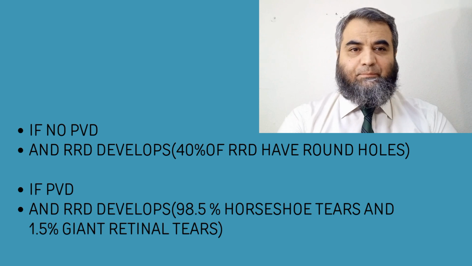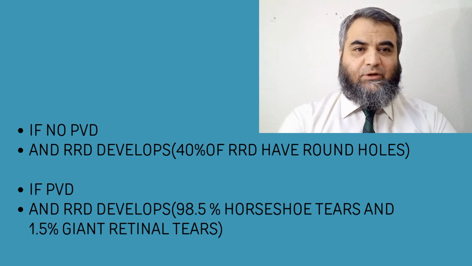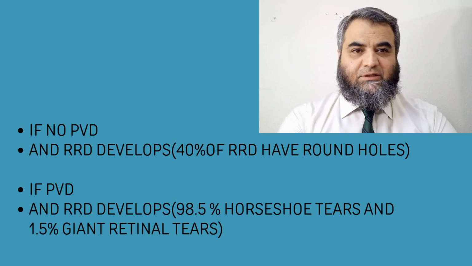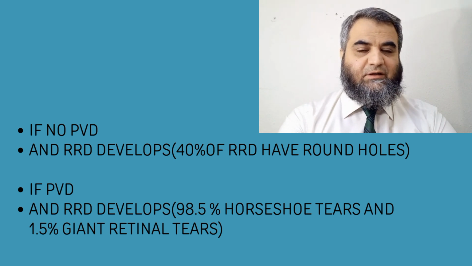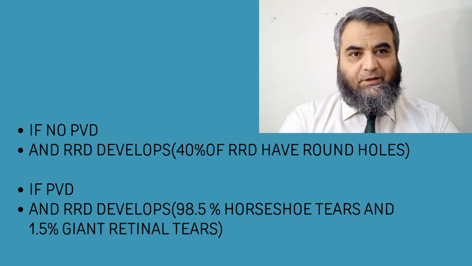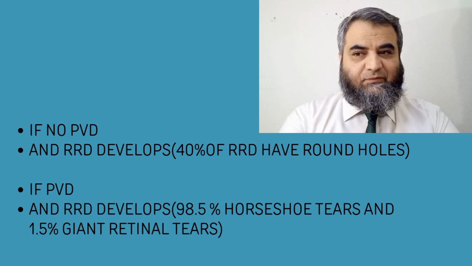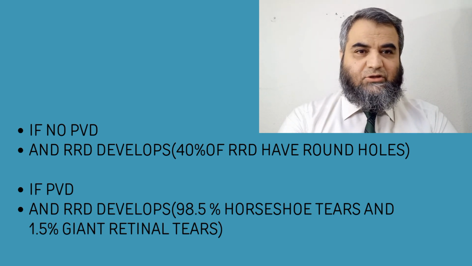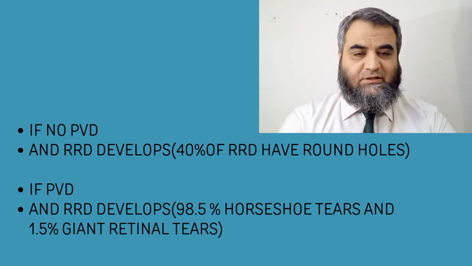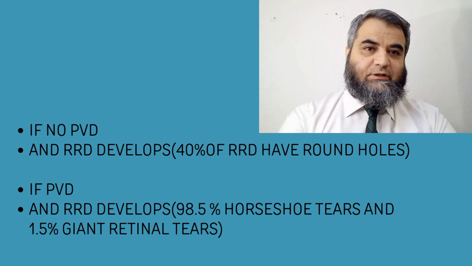But if PVD developed and that led to retinal detachment, 98.5% of patients had horseshoe tears, and 1.5% had giant retinal tears. So if you are examining a patient and you find PVD, and along with this there is a retinal detachment, there are very high chances of finding these types of breaks, that is horseshoe or giant retinal tears.